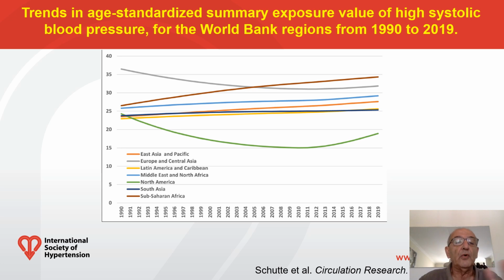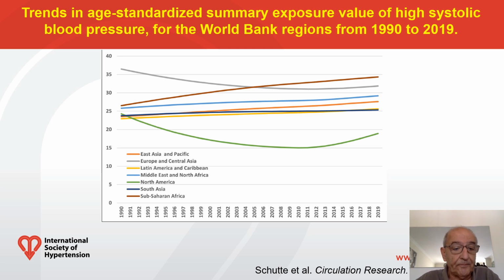If we guess which line is related to Africa, it is the brown line that has always increased from 1990 to 2019. And in 2019, the exposure to high systolic blood pressure is the highest in Sub-Saharan Africa than in any other part of the world.